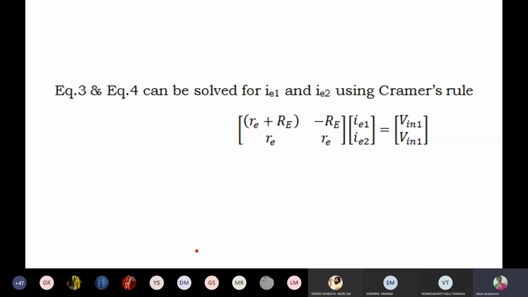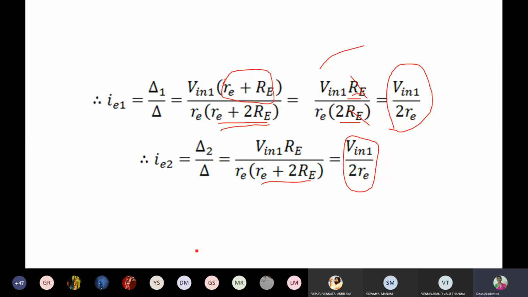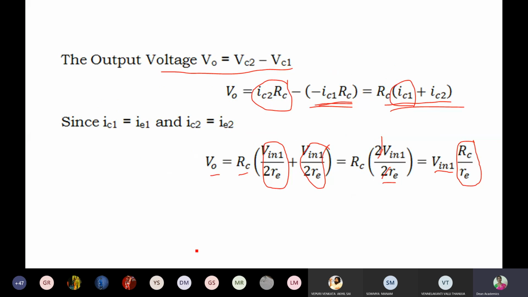We write these matrices R, I and V, calculate the determinant value, simplify some terms and ignore some terms, and finally you will get IE1, IE2, and after that V0 is equal to VC2 minus VC1.